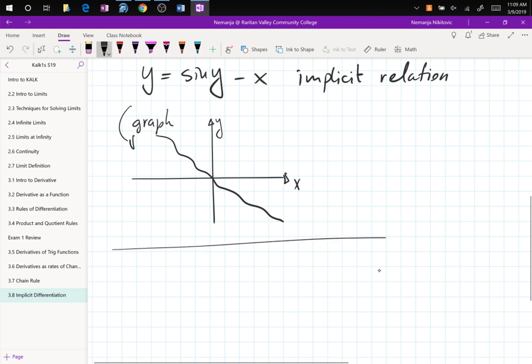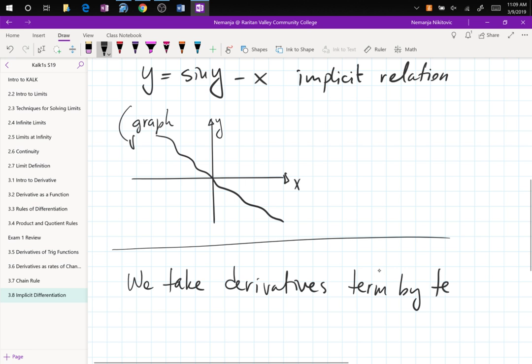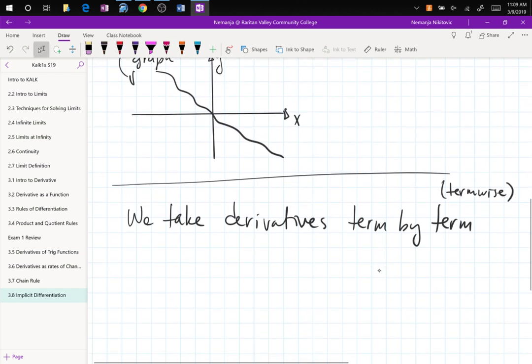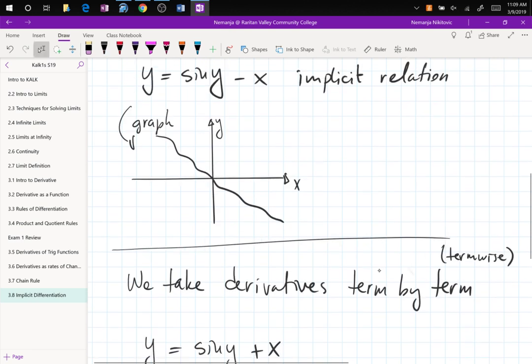So now for implicit differentiation, we take derivatives term by term, also known as term-wise. So say that we have our function y equals sine y minus x.